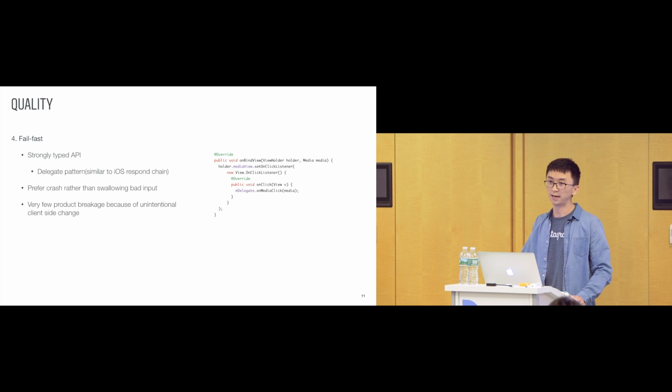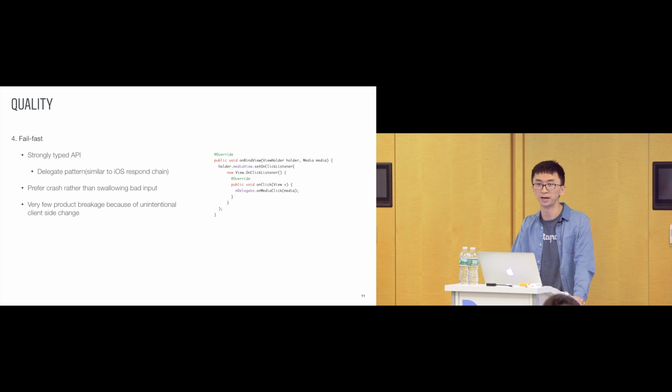In order to do that in a strongly typed fashion, we have been using something called the delegated pattern. It's very similar to the iOS responder chain pattern. From the example here, you can see that when we bind a model class to a view, we also provide a delegated class where we can dispatch the callback.